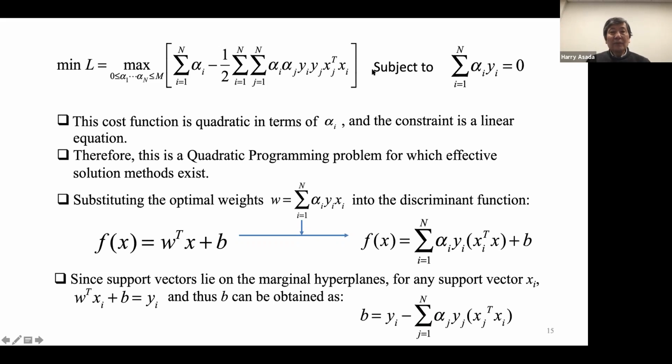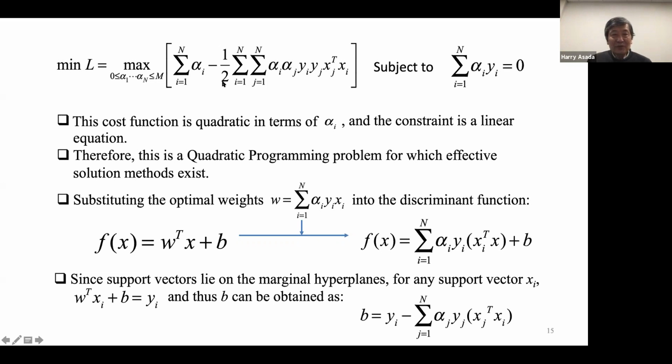Now, this one is a little bit complicated. However, it is just a quadratic form with respect to alpha. Alpha shows up here and here, right? xi, yi are basically constants, given by the sample data. So we want to maximize this with respect to alpha subject to this one, and also subject to the condition that alpha must be between 0 and m.